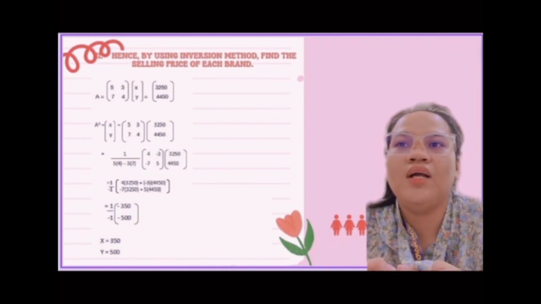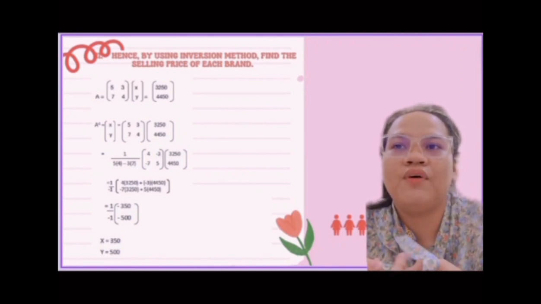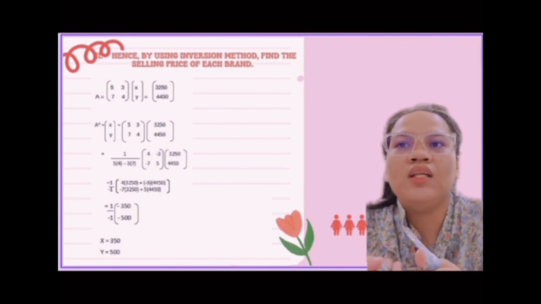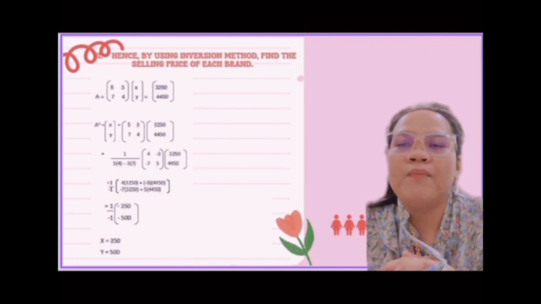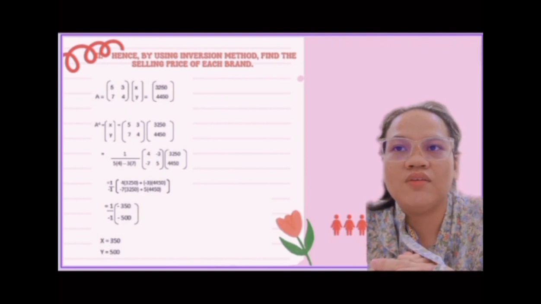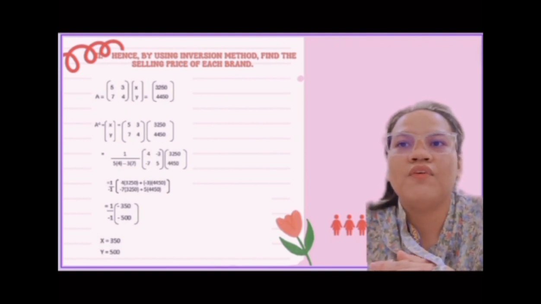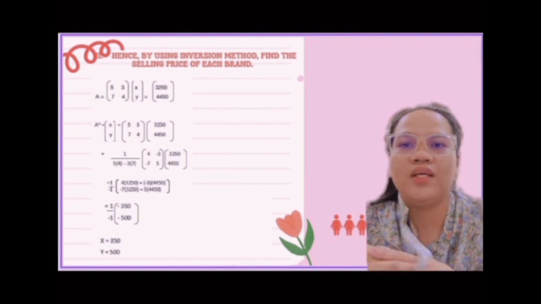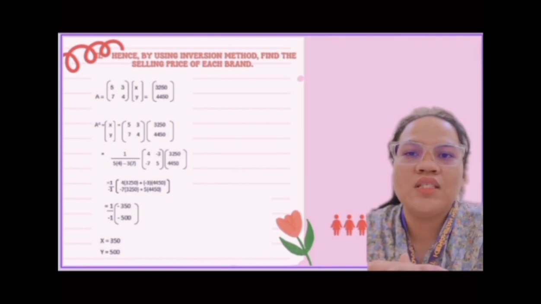Matrix A is 5, 3, 7, 4, multiplied by x, y in a bracket, equals matrix B, which is 3,250 and 4,450. X, y equals 1 over the determinant times the inverse matrix of A times matrix B.